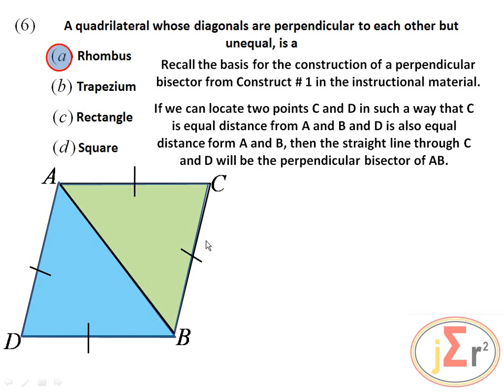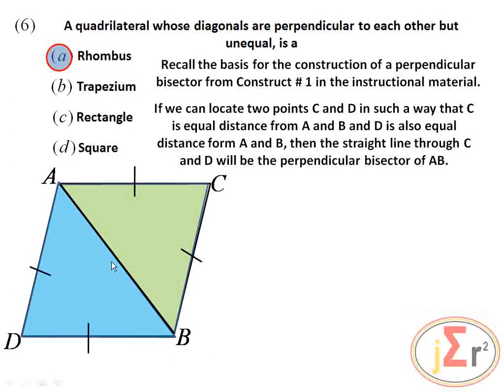All sides of the rhombus are equal, which causes this triangle to be isosceles. So then, the distance from A to C is equal to the distance from B to C. Also, the distance from A to D is equal to the distance from B to D. Because of this fact, any line that goes from D to C will be the perpendicular bisector of AB.